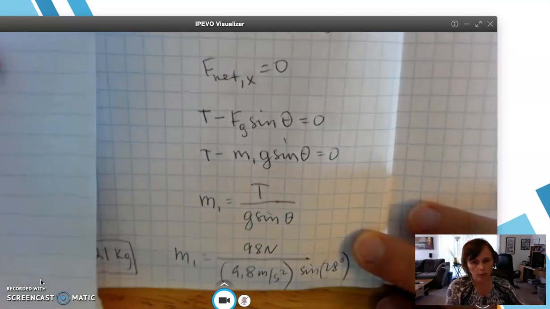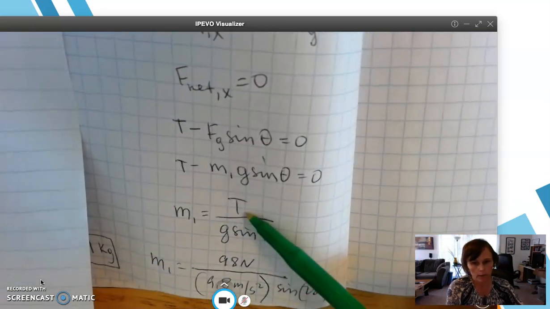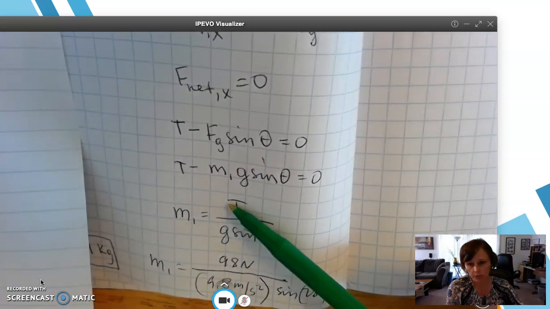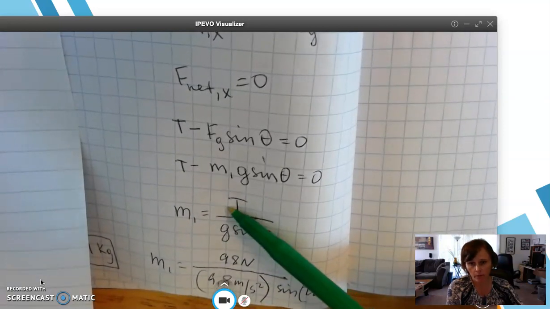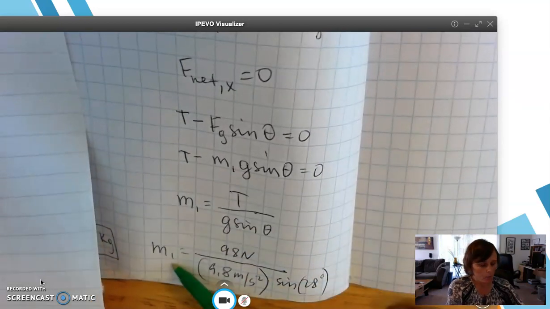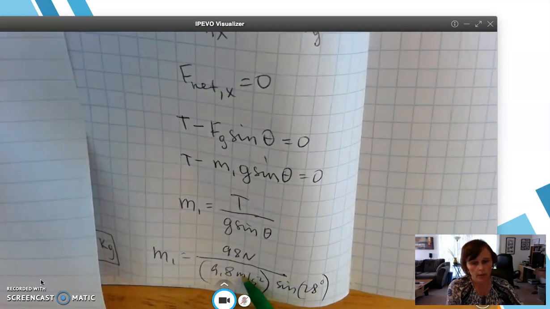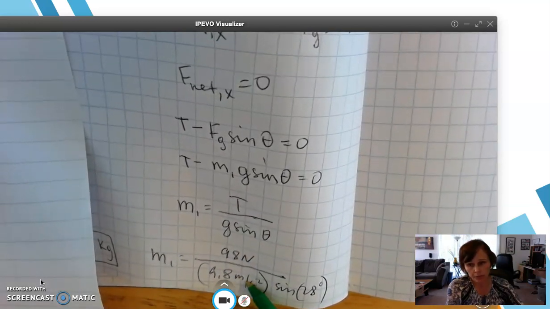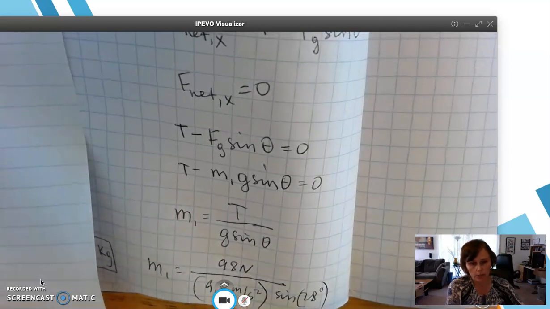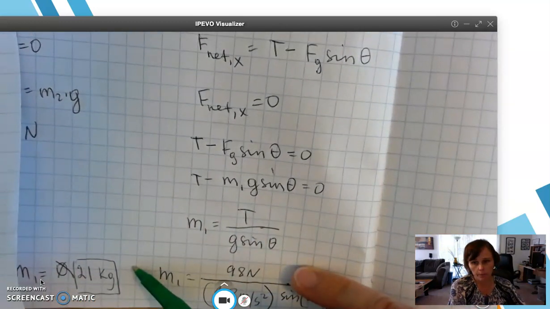From here we can find out that m1 equals T divided by g sine theta, and we know T from the previous step, remember. So m1 equals 98 newtons divided by 9.8, which is g, meters per second squared, times sine 28 degrees. So the mass is going to be 21 kilograms.